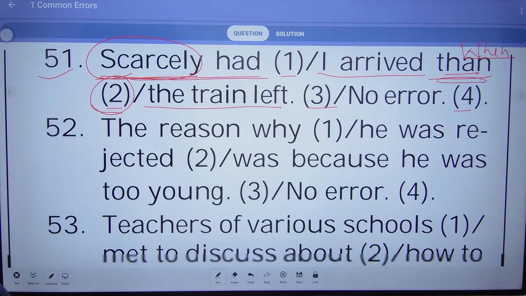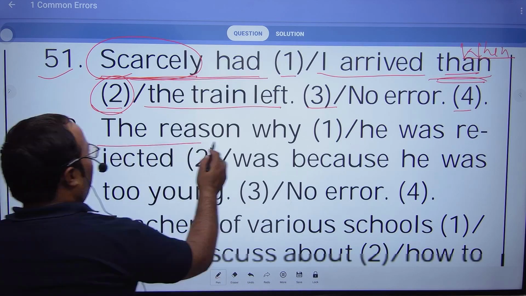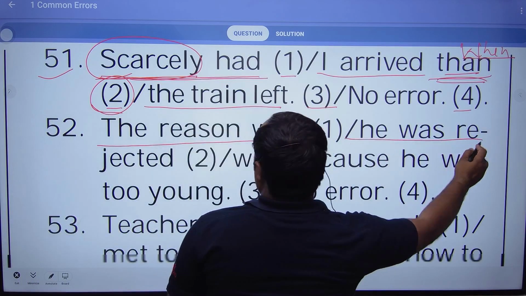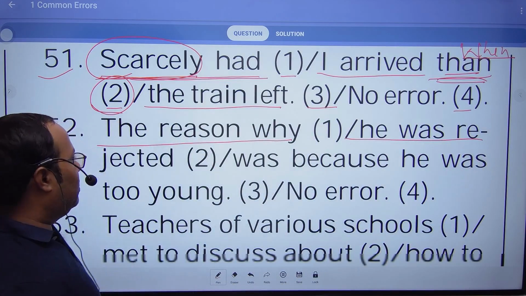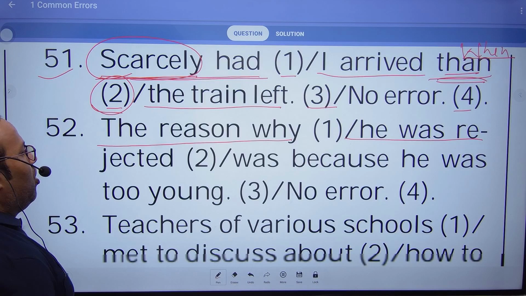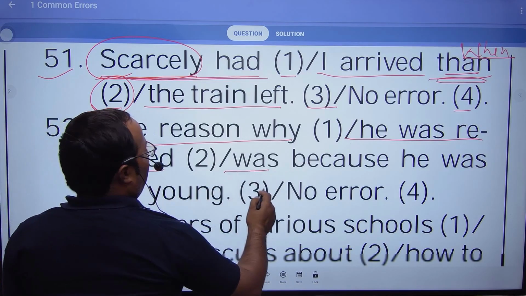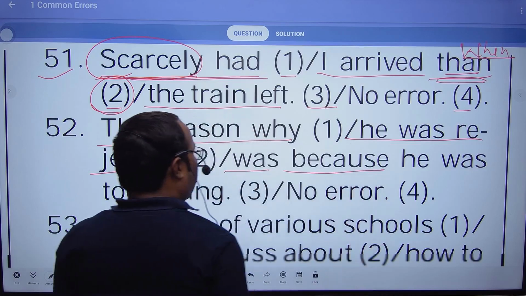So dear, we are going to study the next. The reason why, कारण क्योंकि he was rejected, वह रिजेक्ट कर दिया गया था. फिर because का भी प्रयोग करने लगे.